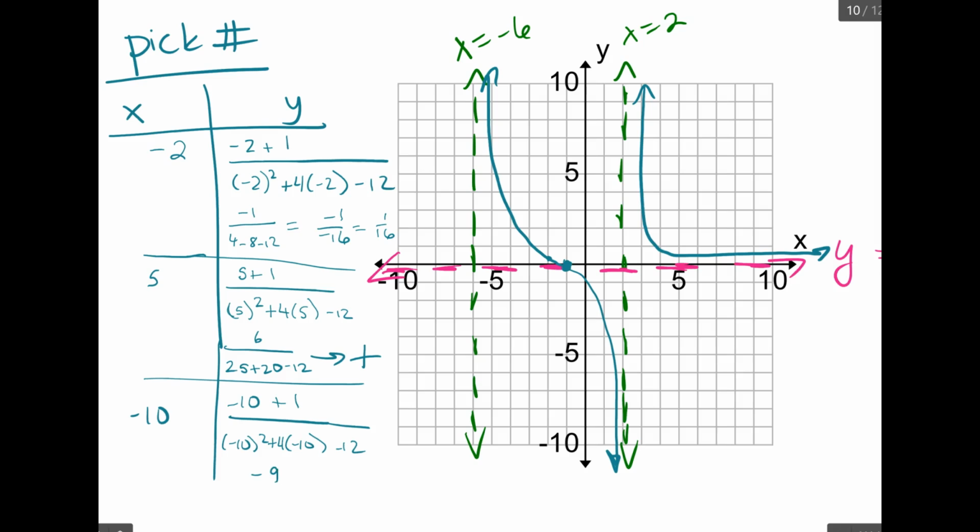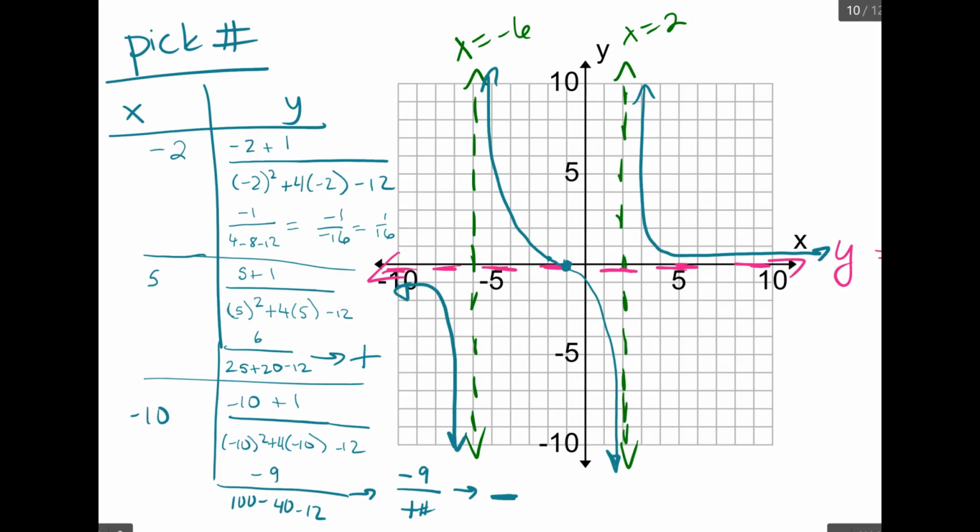Okay, so negative 9 over 100 minus 40 minus 12. Is this positive or negative? Negative 9 over a positive number, so it's going to be negative. So it's going to be down here.